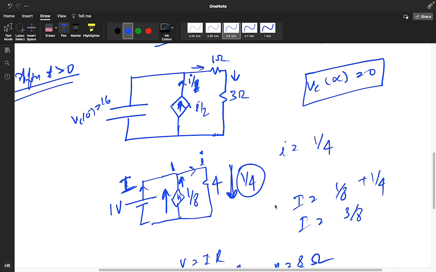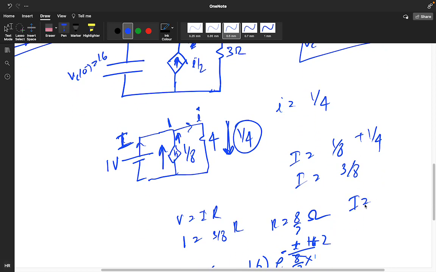So what will be the I equation? The I equation will be, apply the KCL. So incoming current is I plus I by 2 is equal to I. So I will be I minus I by 2.